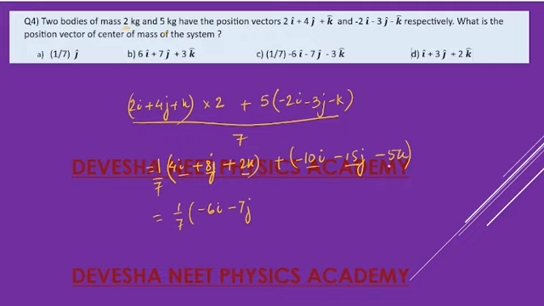Plus 2k minus 5k becomes minus 3k. So the answer will be minus 6i minus 7j minus 3k divided by 7. This third option will be the answer here. Okay, let's go to the next question now.